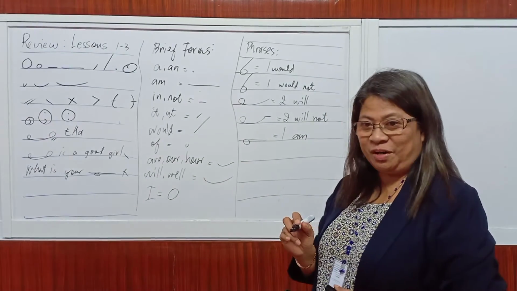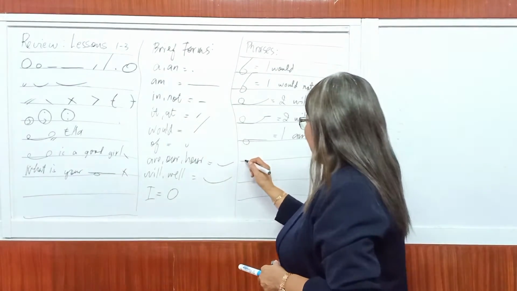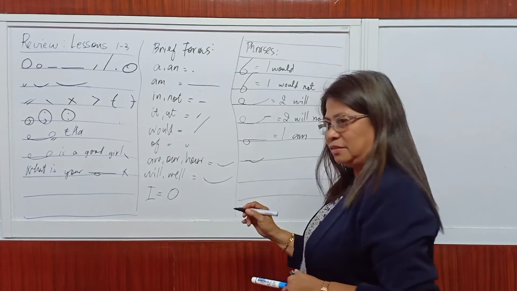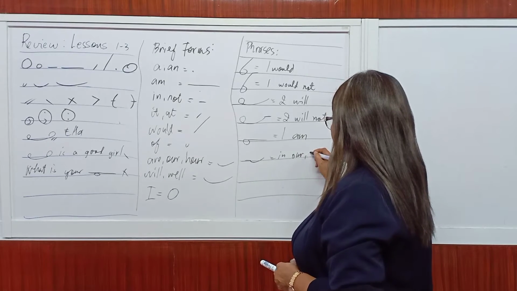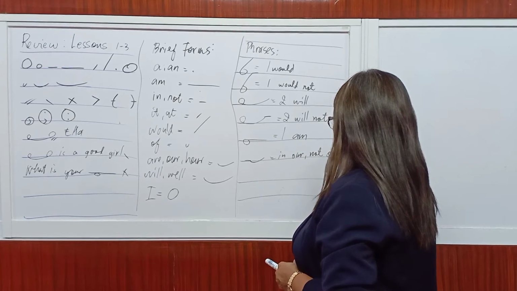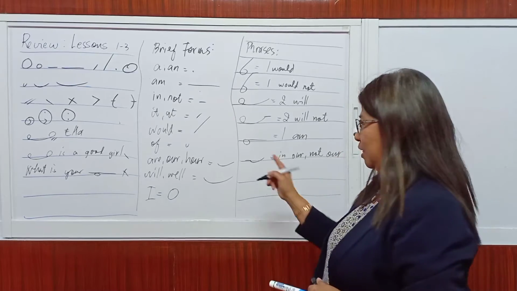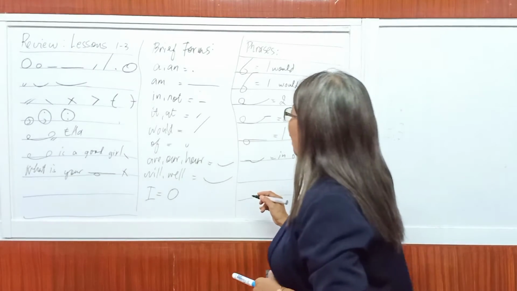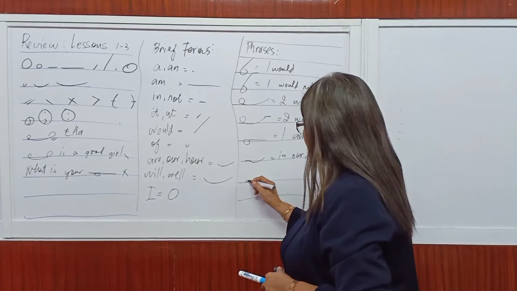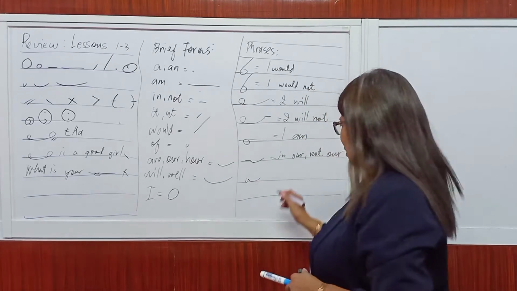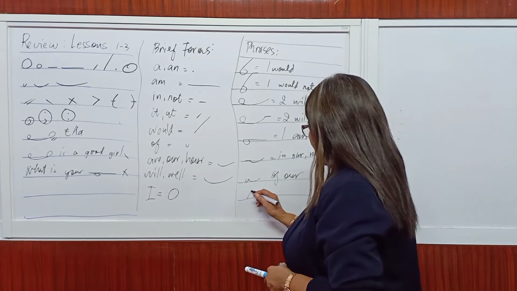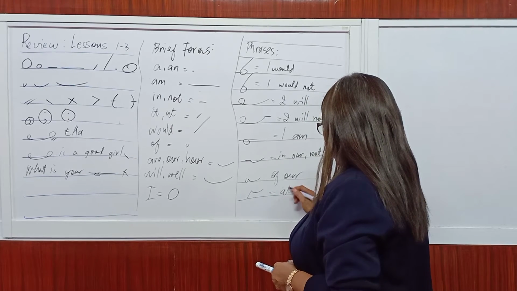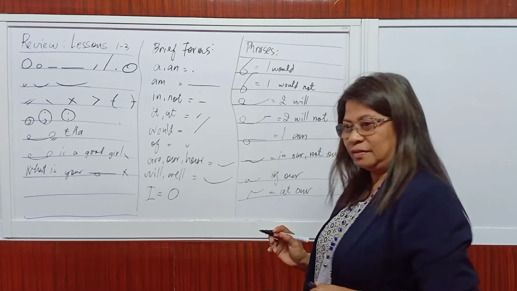I am. In and our. So it can be in our, or not our. In or not. Then we have of our. So that is of our. At and our. That can also be at our.